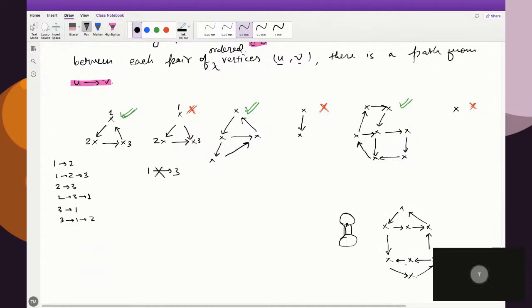I'm trying to think if it is a strongly connected component or not. Yes, it feels that this new graph that I have drawn is a strongly connected component. Can somebody confirm that this is indeed a strongly connected component?